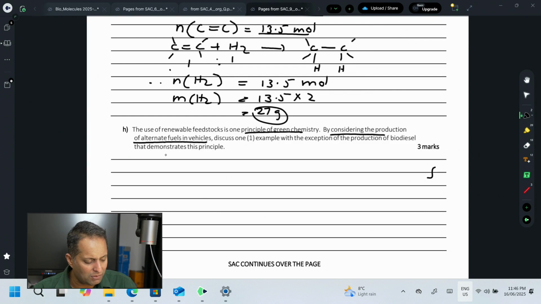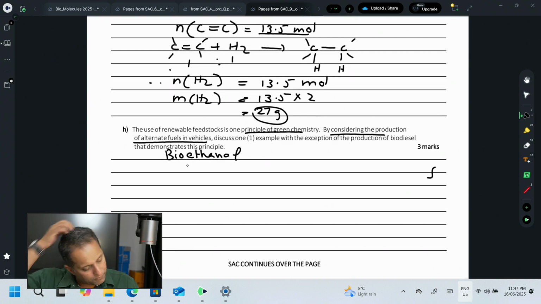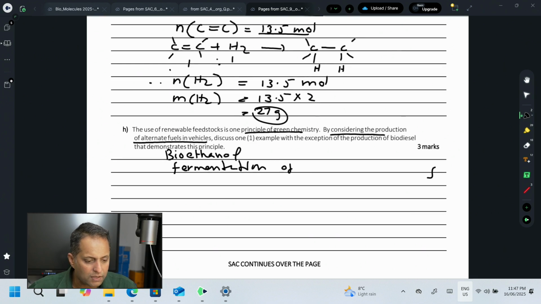Well, then you can think about bioethanol. Bioethanol is made by fermentation. What is the renewable feedstock? You can say it is made from the fermentation of glucose.